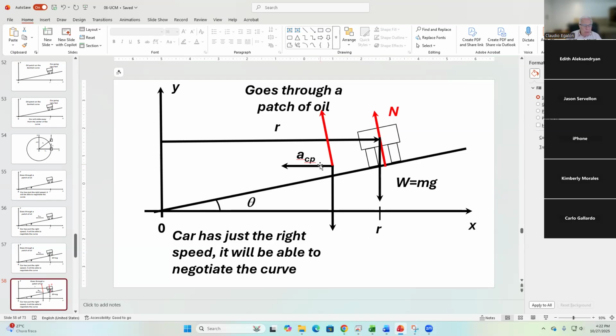If you look very carefully at the normal force and the weight, you are going to see that the normal force has a horizontal component that serves just like a centripetal force. Can you see that? The horizontal component of the normal force will allow the car to negotiate this banked curve safely. And the vertical component of the normal force will cancel out the weight of the car. Do you see that happening?